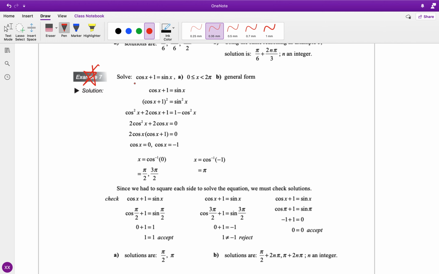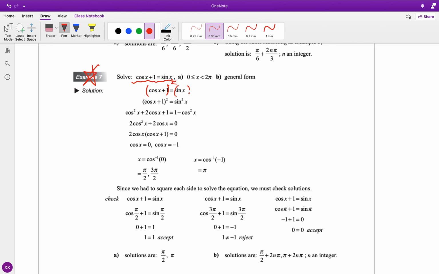Number 7 is this: cosine x plus 1 equals sine x. So what do I do? Can I change sine x into cosine of x plus or minus pi? Yeah, but that's still a little more complicated. So what we do is square both sides.